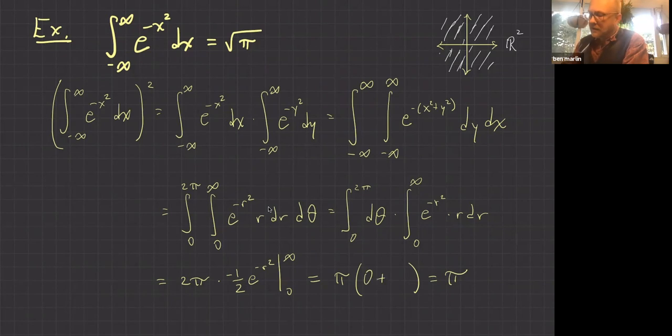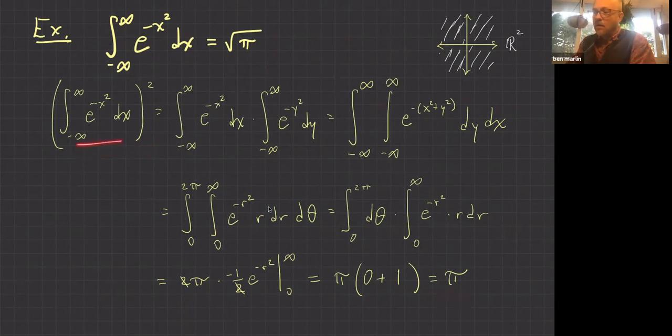And when we plug in the 0, we get 1, noting, of course, that the 2 and the 1/2 have canceled out there. So that means that the square of this thing that we were trying to calculate is pi.